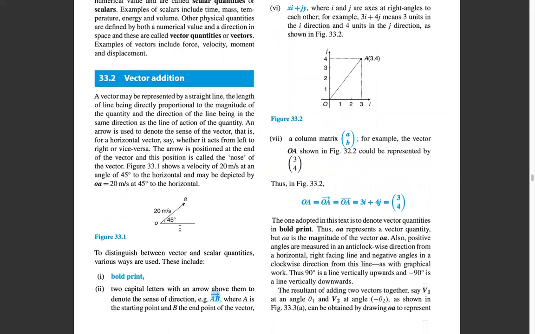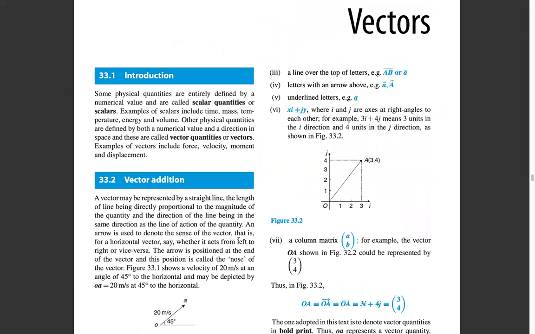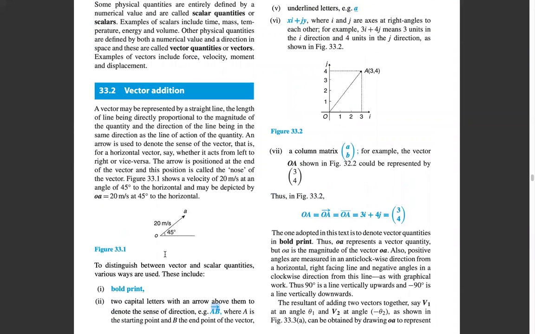Here, if we want to represent this vector on a diagram, we could have units, right? The length of the arrow could be, if we say 1 centimeter represents 5 meters per second, then 4 centimeters represent 20, right?